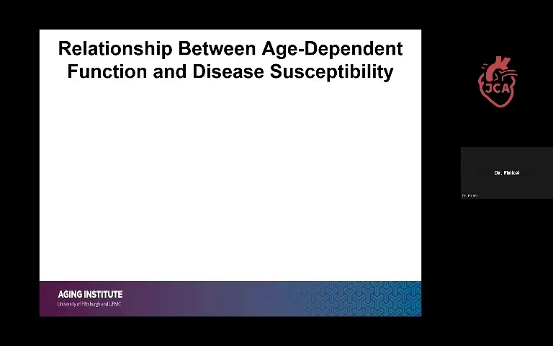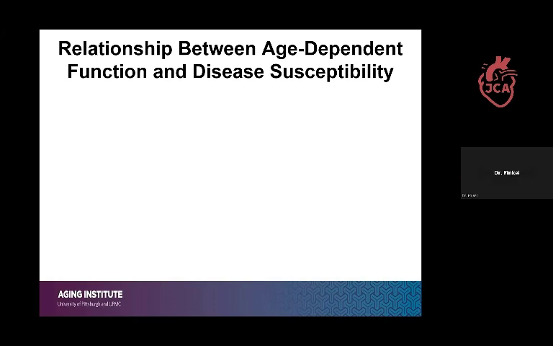One of the relationships we've been very interested in trying to understand over the last decade or so is why in every organ there is an age-dependent decline in function and a corresponding age-dependent increase in disease.